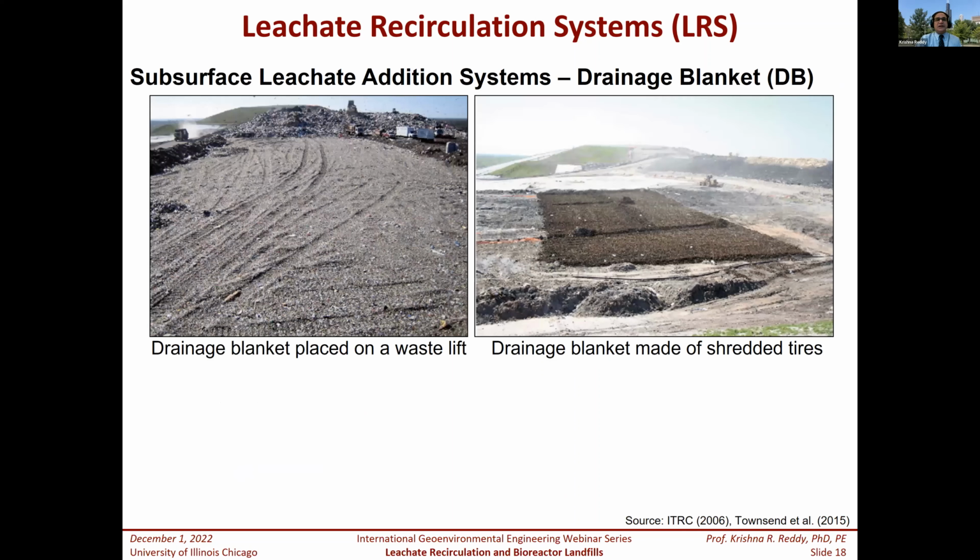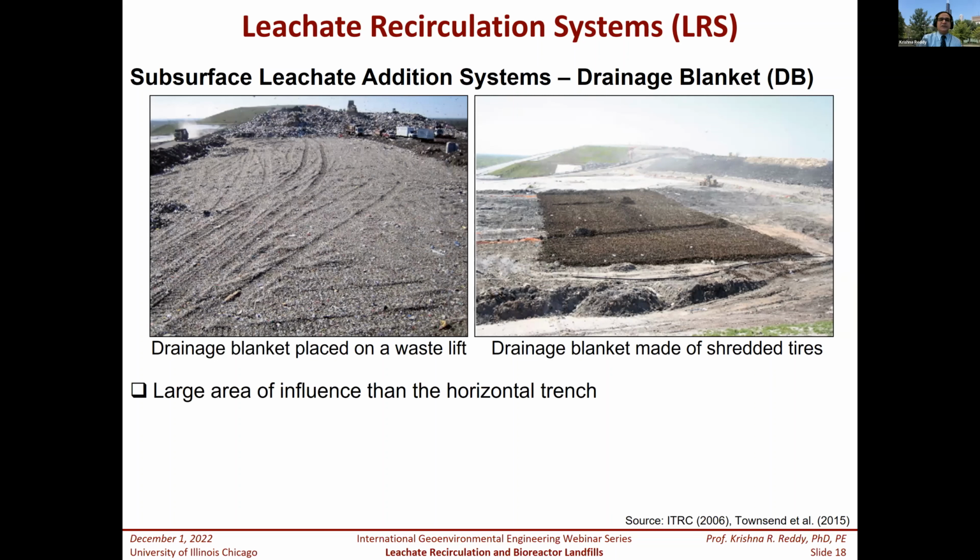There is another leachate injection system called the drainage blanket. After you place the waste up to a certain height, you put a thin layer of drainage material. It could be gravel, or it could be shredded tires. Then you put a series of pipes in it and inject the leachate.